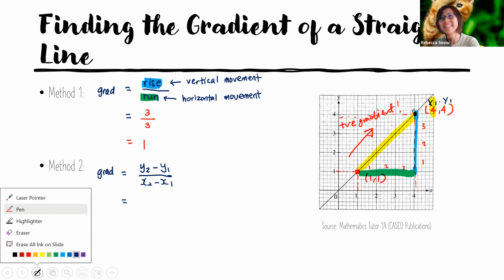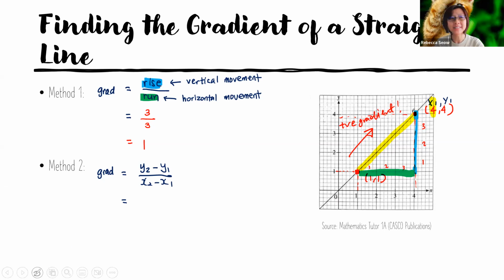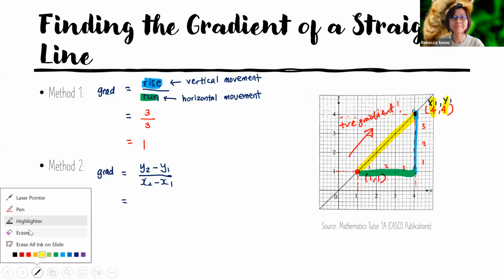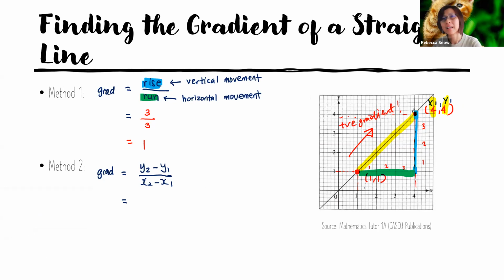And subsequently, we can see that for the other pair of coordinates, I will write it as x2, y2. So for the second set of coordinates, the x coordinate would be x2 and the y would be y2.